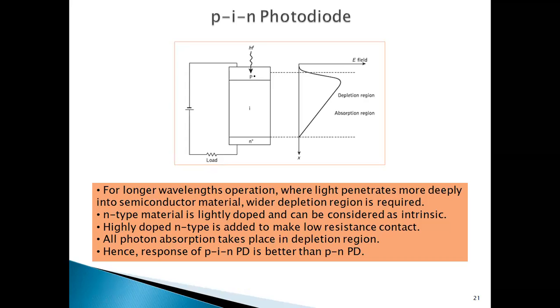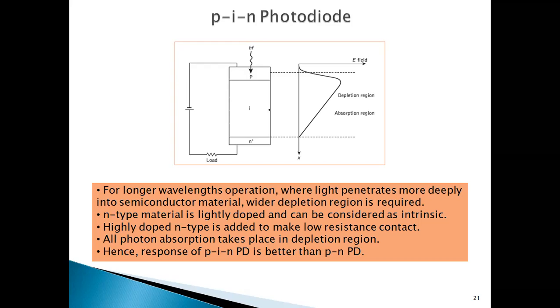So we have the P material and the N material, and the I here is basically the N type material, which is lightly doped and can be considered intrinsic. So this is basically the idea of reducing the length of the diffusion region and increasing the length of the depletion region.